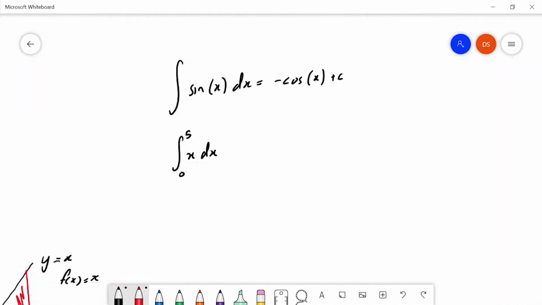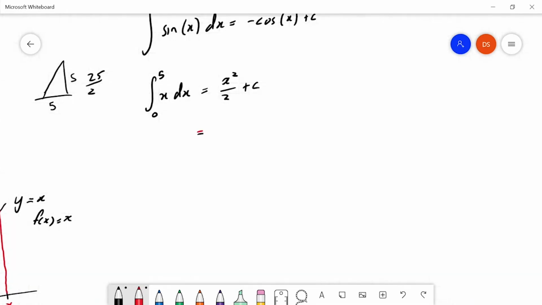And if this was a triangle, we could work it out, because this side would be 5. 5 times 5 is 25, divided by 2 is 25 on 2. But let's see if we can work this out using integration. So we add 1 to the power, divide by the new power, plus c, always plus c. And then what we do is we write this.